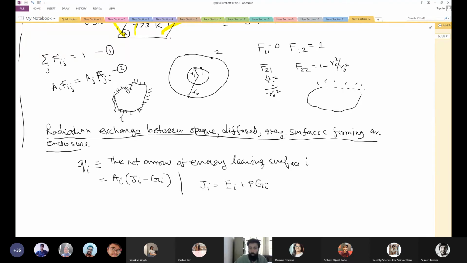Now we write Ei equals epsilon times Ebi, plus rho Gi. Rho is the reflected part, and we know that alpha plus tau plus rho equals 1: the fraction absorbed, fraction transmitted, fraction reflected. Because it's opaque, tau is 0. So alpha plus rho equals 1, and rho equals 1 minus alpha.